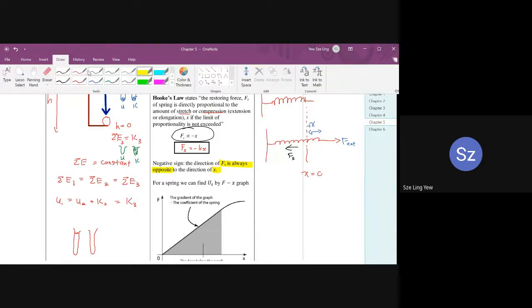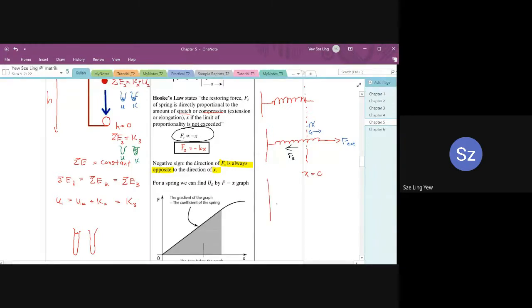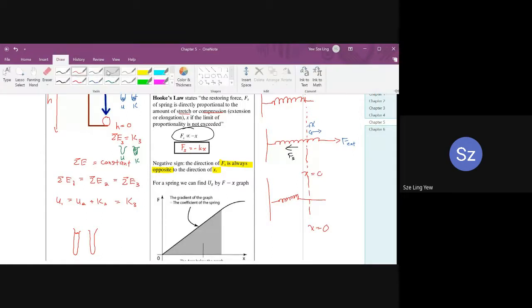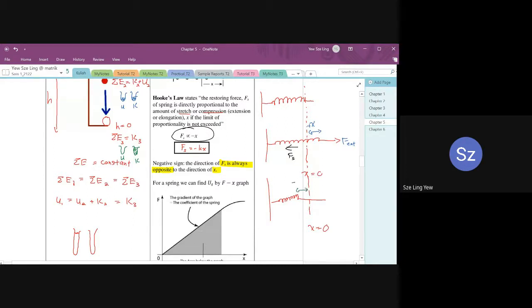If you compress the spring, this is still x equals 0. The amount that you compress it, we call negative x. But now the restoring force is trying to push the spring back to its original position, therefore we have Fs going to the right-hand side, which is a positive force.